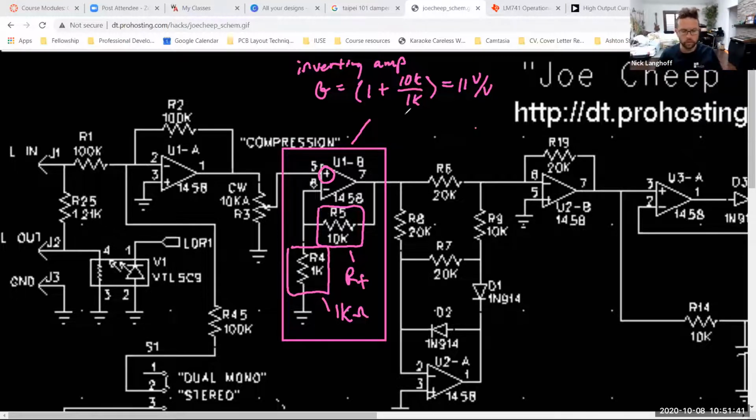So what we're able to do now is start to trace through what's happening with the signal, and we can just look at it piece by piece here.